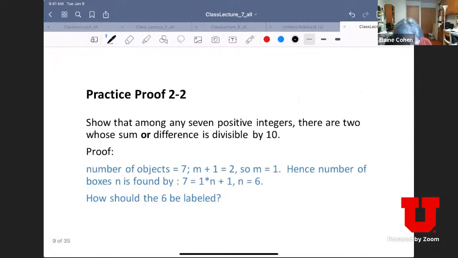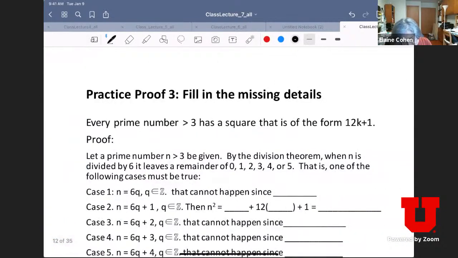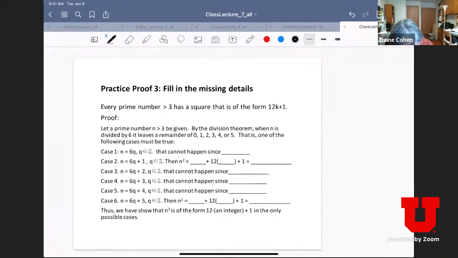Okay. Oh, I did have an extra one. Okay, let's fill in the missing details of this proof.